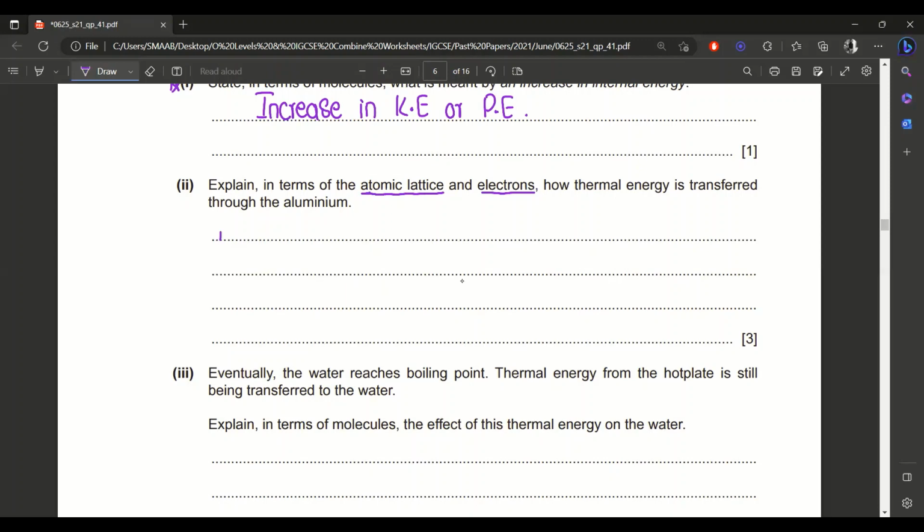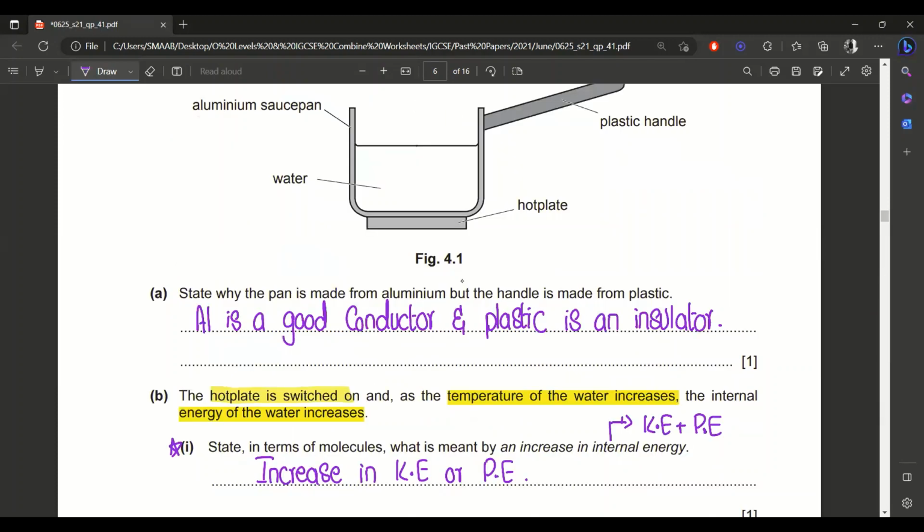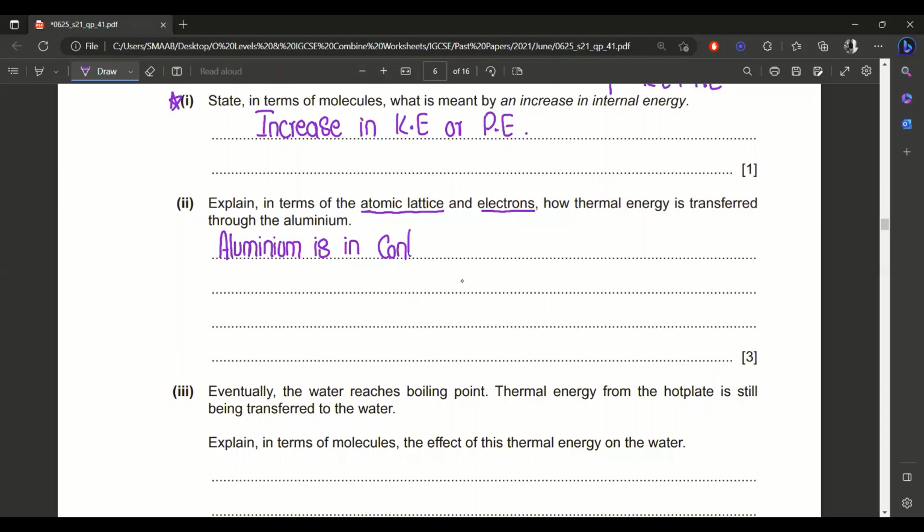so aluminium is in contact. In the diagram, you observe that aluminium is in contact with a hot plate, right? So aluminium is in contact with the hot plate.